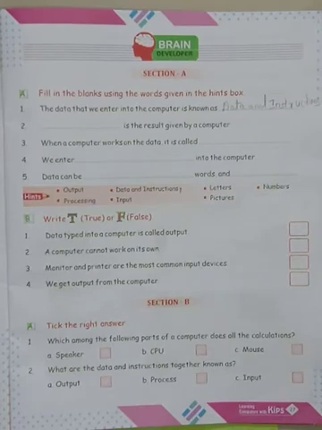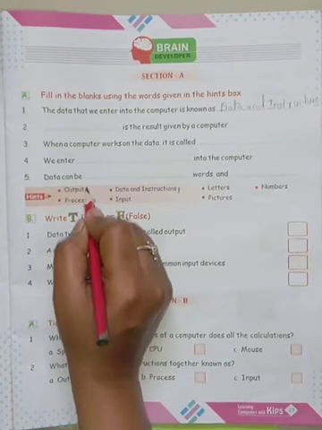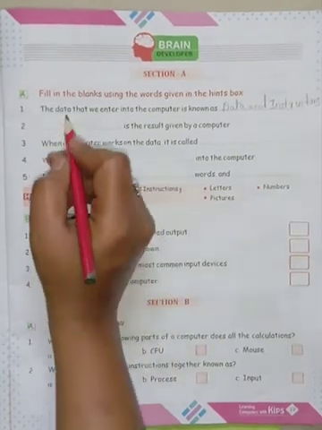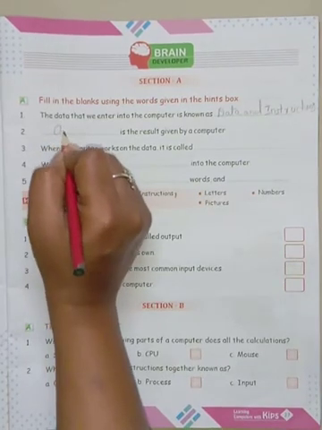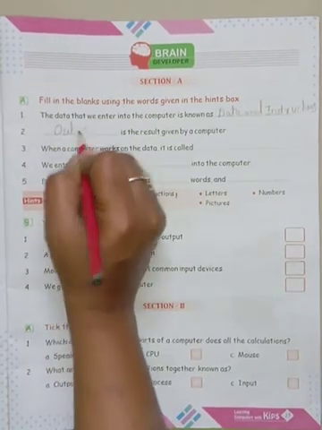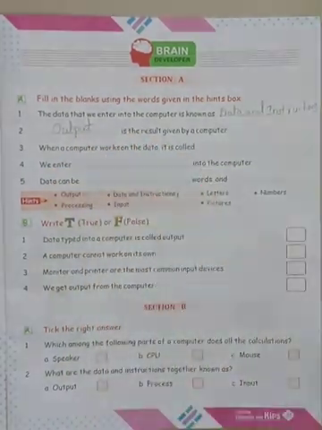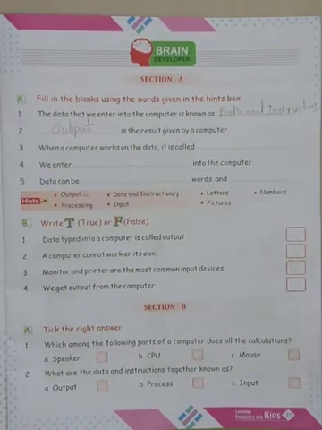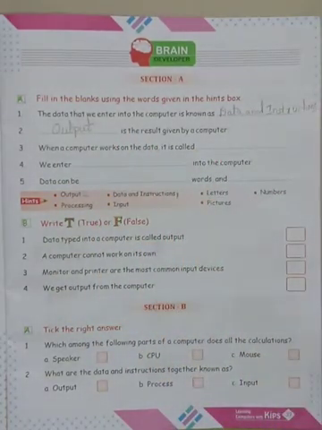The other name of the result is output. So here I will mark it as 2, and here I will write the same answer. Output is also called result. O-U-T and P-U-T will be the right spelling. Output is the result given by a computer.